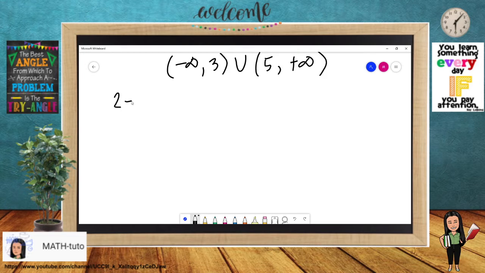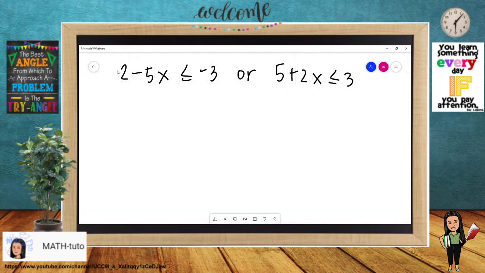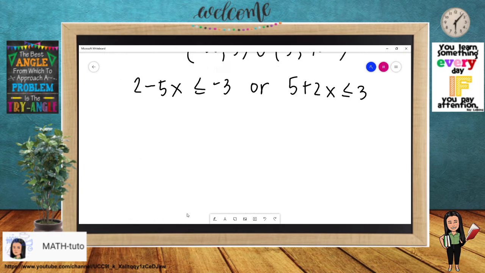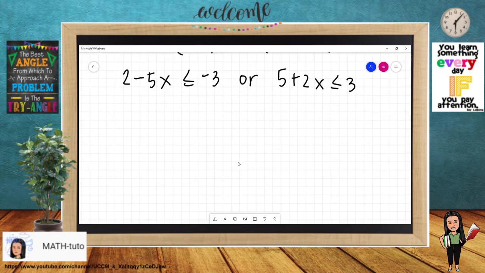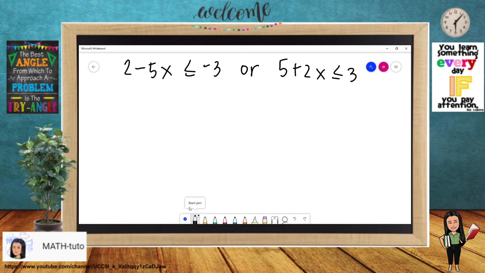2 minus 5x less than or equal to negative 3 or 5 plus 2x is less than or equal to 3. Okay, example number 2 na natin to, no? Let us solve each of the inequalities.